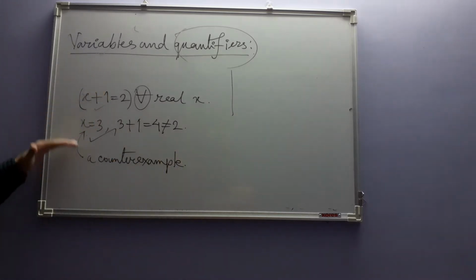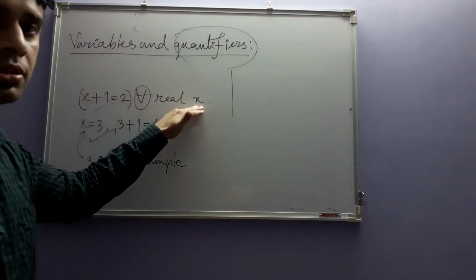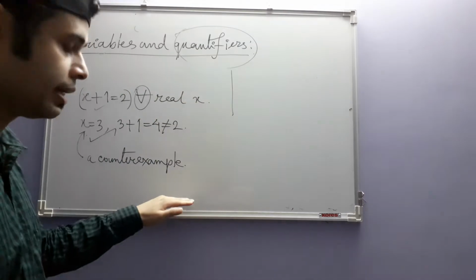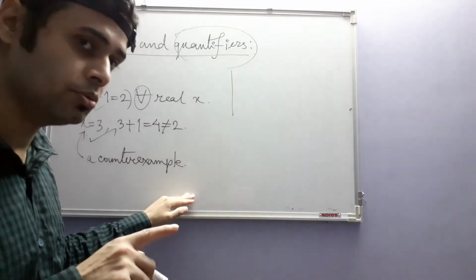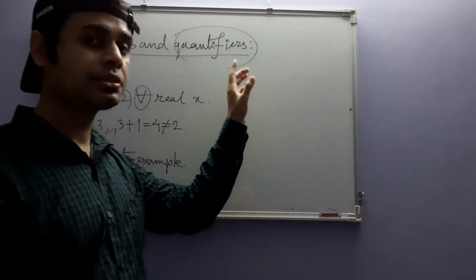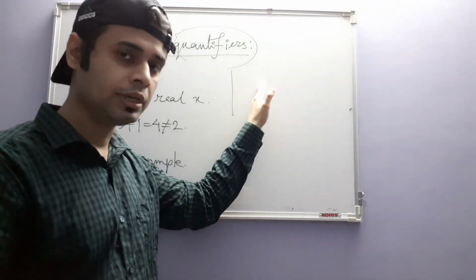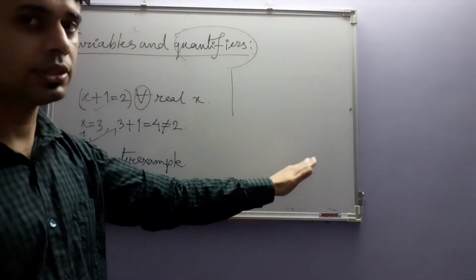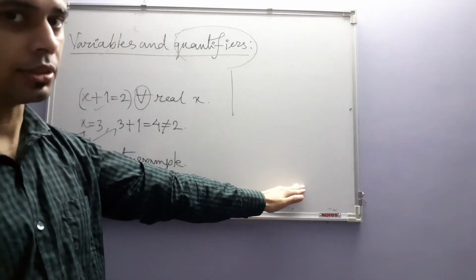So to show that a universal statement is false is rather easy, just like showing that an existential statement is true. However, to show that a universal statement is true is as easy or as difficult as showing that an existential statement is false.